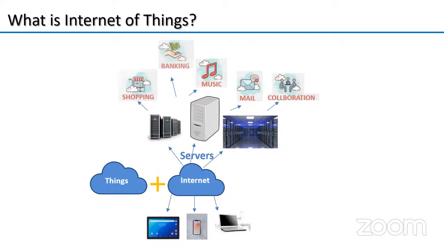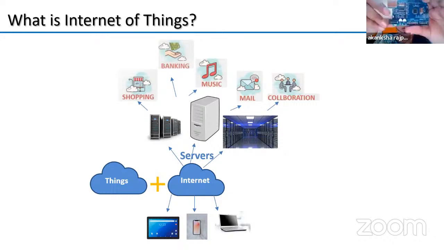Let me show you something that I have in my hand. I hope it is visible to everyone. Please see the camera. This is the Arduino Uno development board. This is the development board that we use in IoT to control multiple peripheral devices.